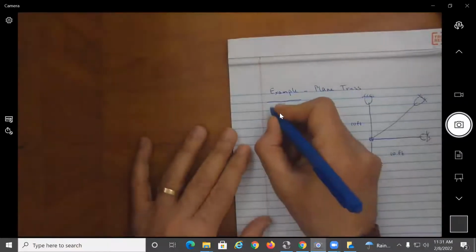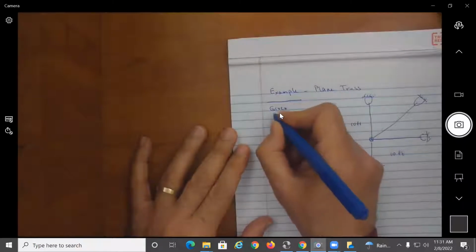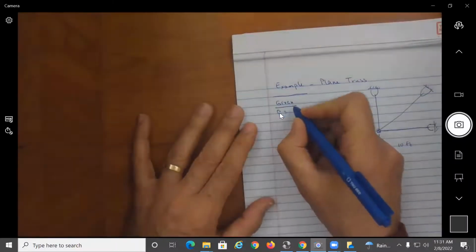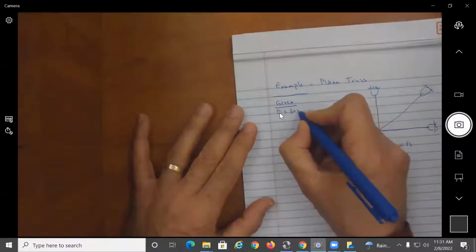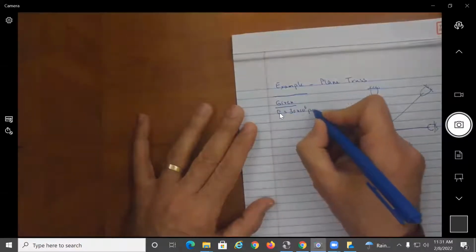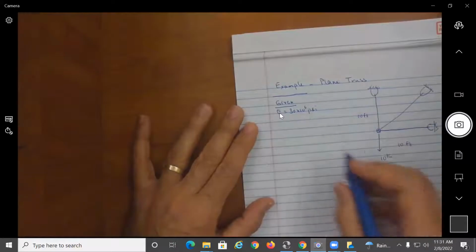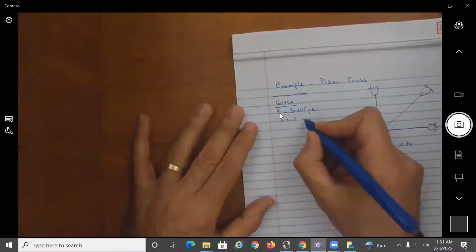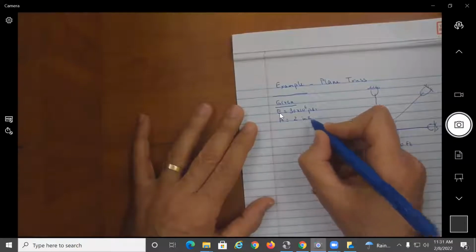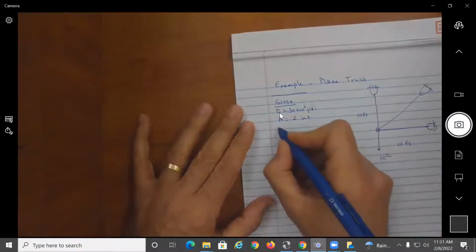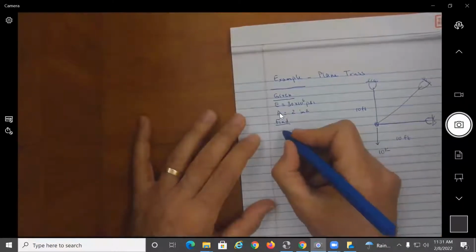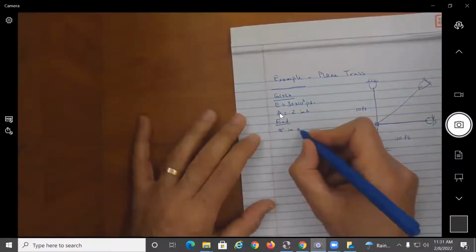We are given that E is equal to 30 times 10 to the power 6 psi. A for all the members is 2 square inch. And we want to find sigma in all members.